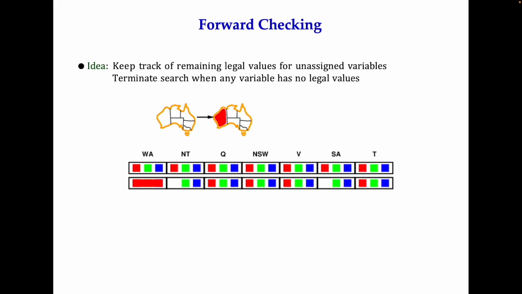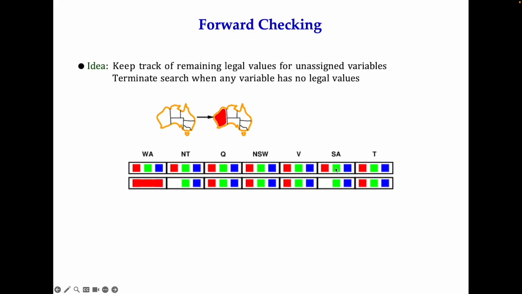Northern Territory and South Australia, right? So as soon as you assign a color to a region, you have to update its neighbors. The neighbors cannot have red, so you remove red from the domain of the regions that are neighbors to this one, right? So you remove red from Northern Territory and South Australia.